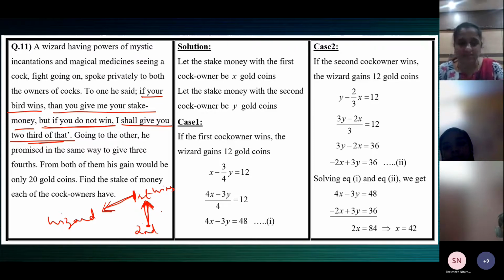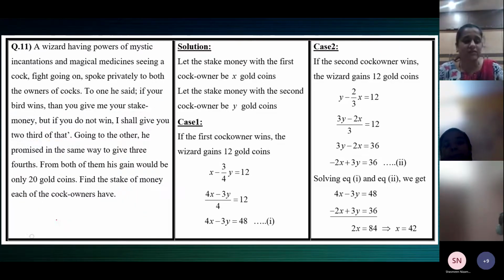So in any case, even if you win and you give your money to the wizard, you still get from the person who loses. When you win, you give the money you have to the wizard, but you get money, because when you win, the second owner is going to give the first owner. The other way around also. Now, when the second one wins, the first one loses.